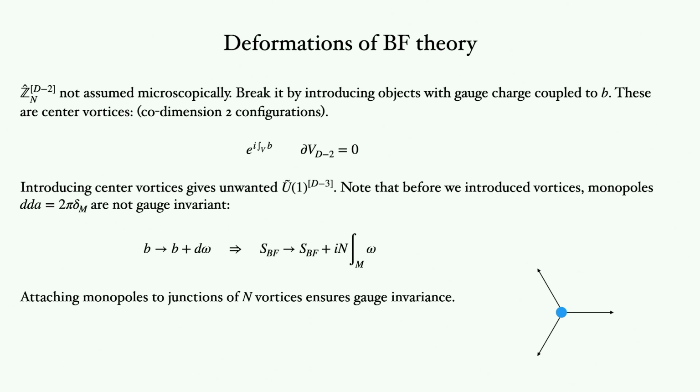But when you do that, something strange happens. You immediately gain a U(1) magnetic symmetry. If I did not introduce this field coupling to the B field, the monopoles wouldn't be gauge invariant.